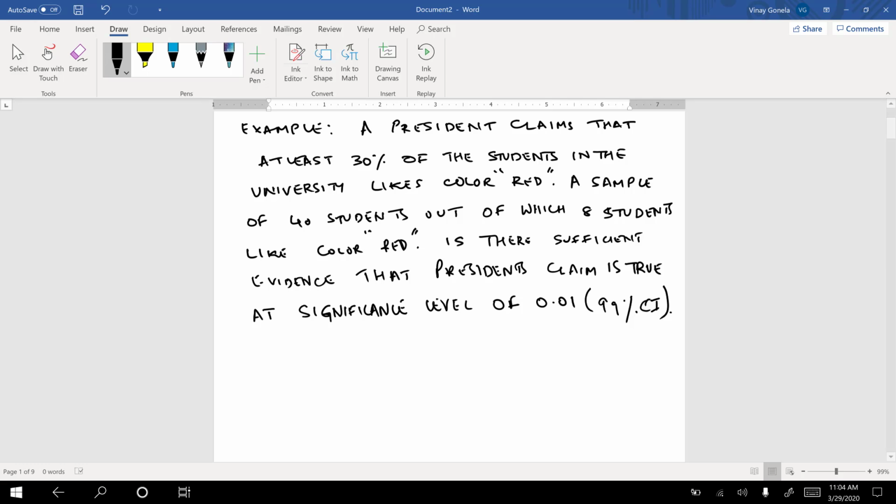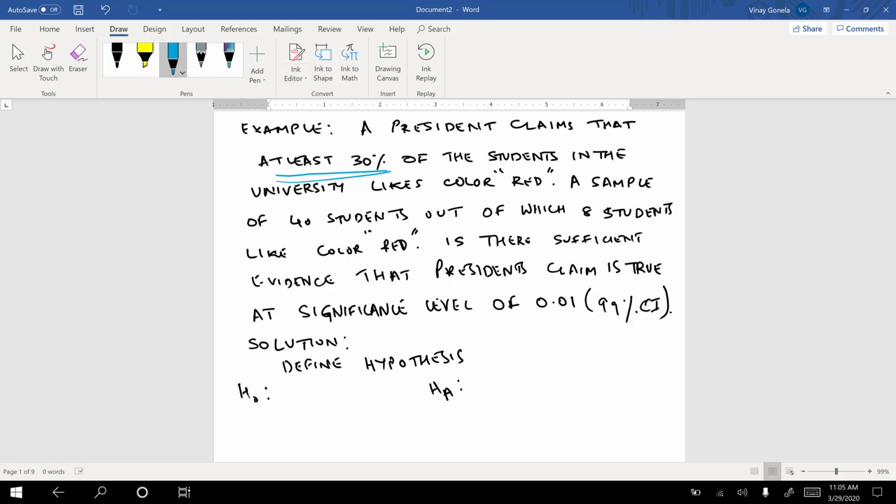The first step of our hypothesis testing is to define your hypothesis. So we have H null and H alternative, and in this case the president is claiming that at least 30% of the students in the university like color red.